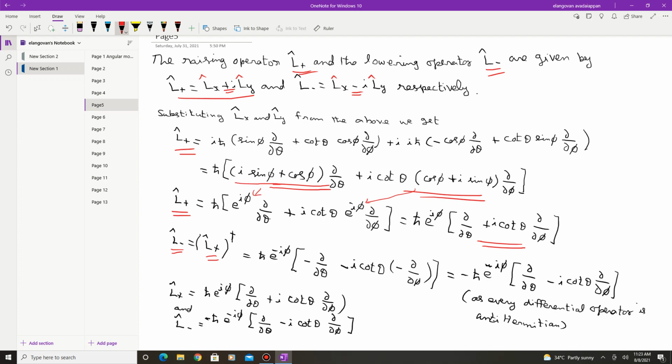Wherever i is present, that may be replaced by minus i, and every differential operator is anti-Hermitian.